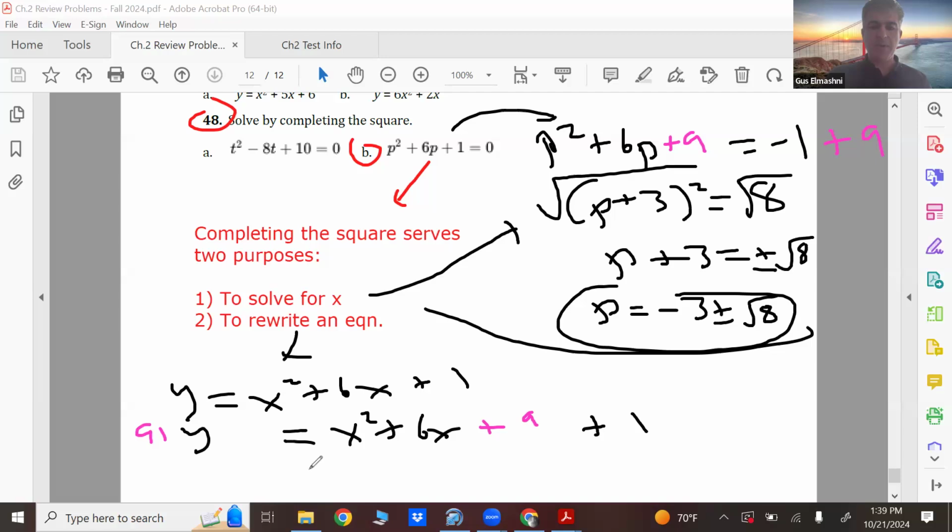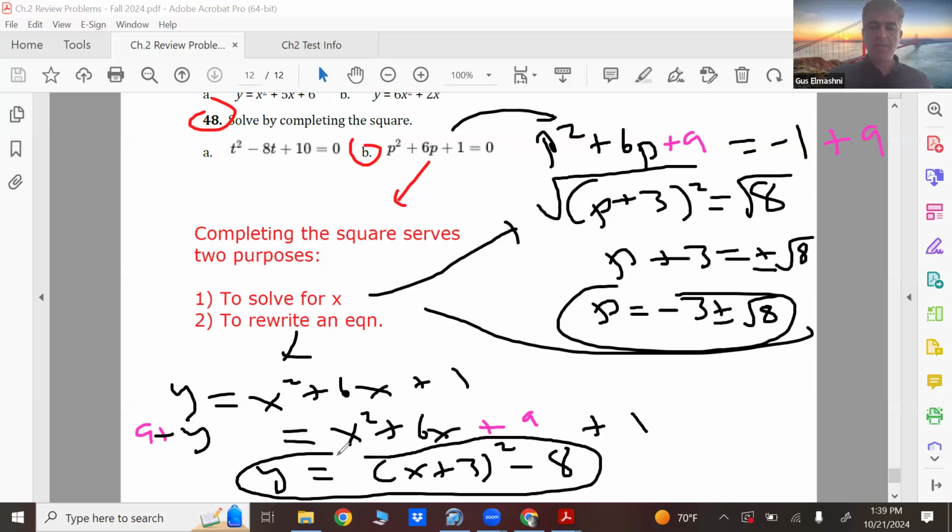We want to factor this. That becomes (x + 3) squared. Yeah, because it's a plus, my bad. And if I move the 9 over to the other side, I get that. Okay. Half of 6 is squared. Half of the number of x is squared. That's what we squared: half of b, squared.